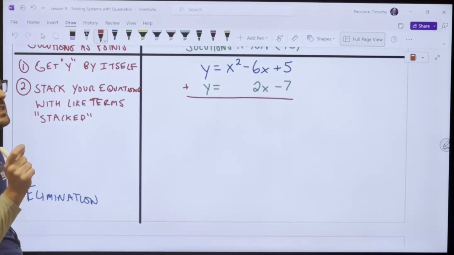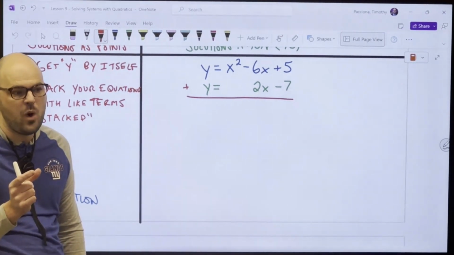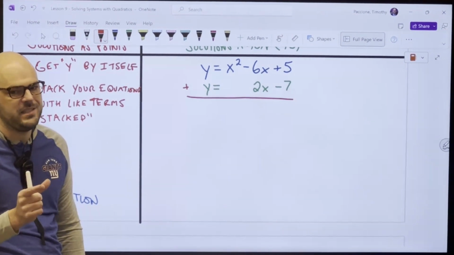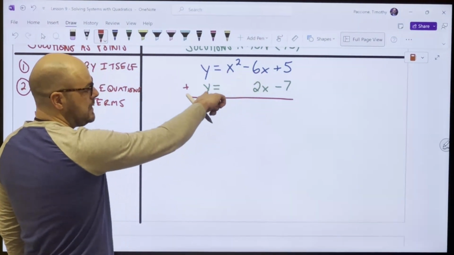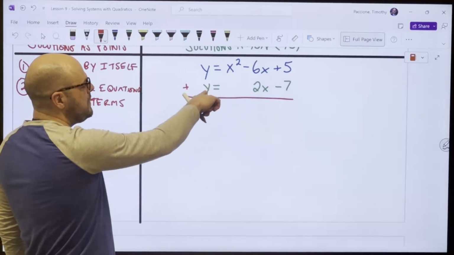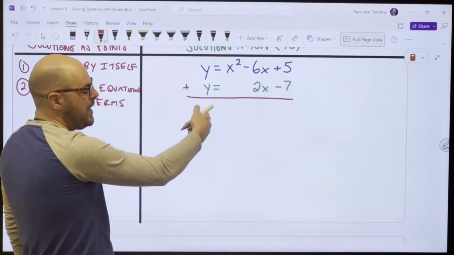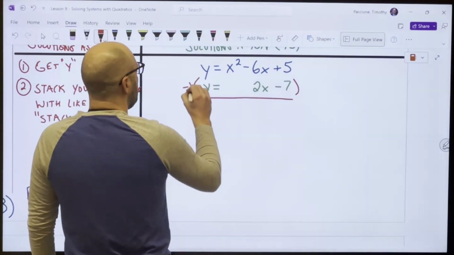Wait, so what's really close? Remember what's really close to being eliminated here? y or x? y. y is, because x, I would have to eliminate both of these. But if I can eliminate just this y, then I'm in good shape. What would I want this y to be? Negative. How do I make it negative y? Multiplying it by negative. Multiply everything by negative 1.